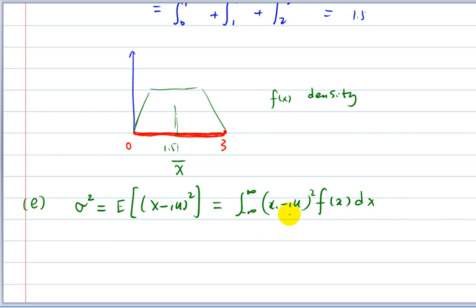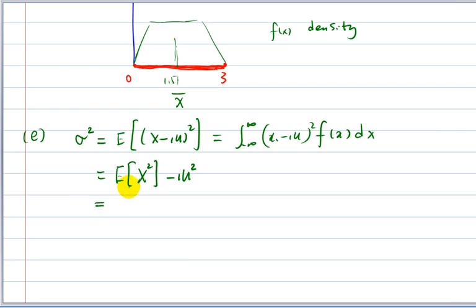You can integrate separately. But in the class I mentioned that when calculating the variance, one way is this, but there's an alternative way to calculate it. Sigma squared also equals the expected value of x squared minus mu squared, where the expected value of x squared is the integral of x squared f of x dx.